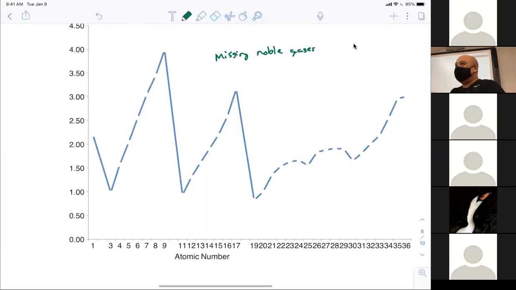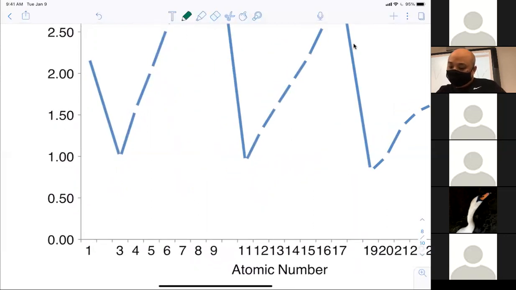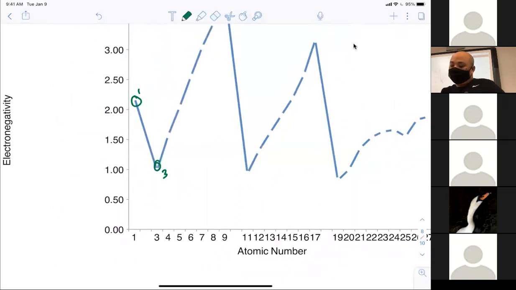So if you see a chart where all the noble gases have gaps, that probably tells you it's electronegativity. No, you see down there, the 2 is missing. It just doesn't have it. So that's 1 and 3. Sorry, I don't like the way this is connected because I should have left a blank there, but it automatically connects the lines of the scatter plot.